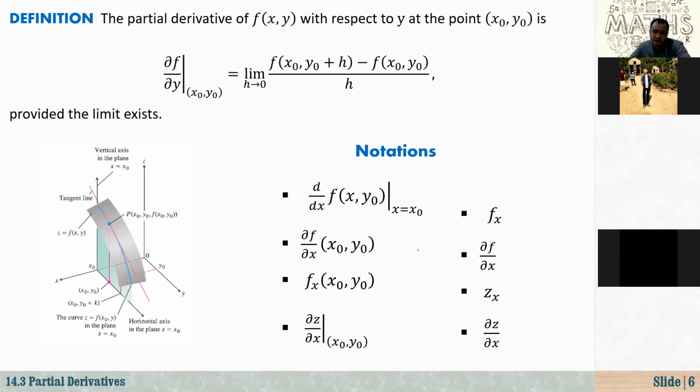And some more compact notations, we can also use f x or del f del x or z x or del z del x. They all mean the same thing: the derivative of the function f with respect to x.